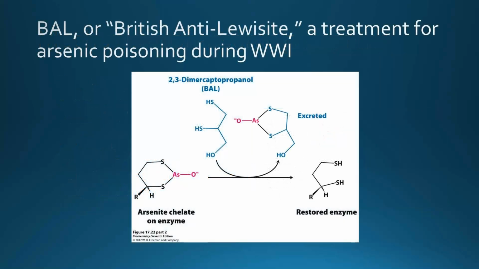In World War I, there was a treatment for arsenic poisoning, which was this dimercaptopropanol, which was somewhat bioavailable and was able to accept the arsenite from this arsenite chelate and excrete that and restore the native version of the lipoyl lysine.